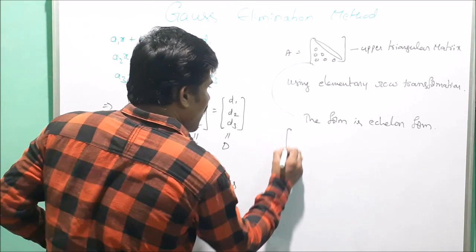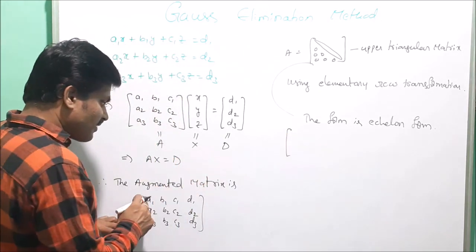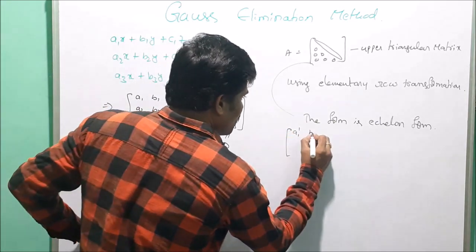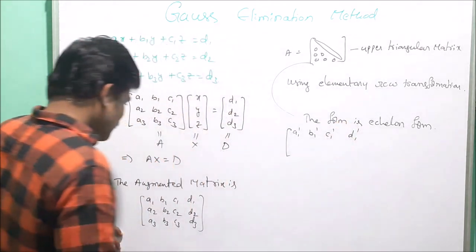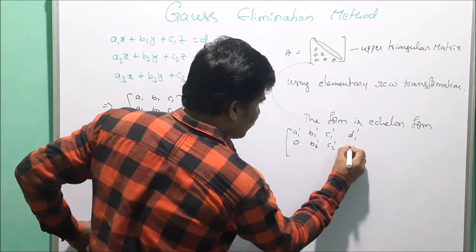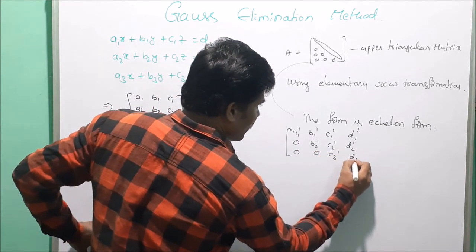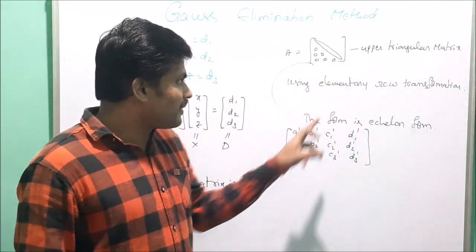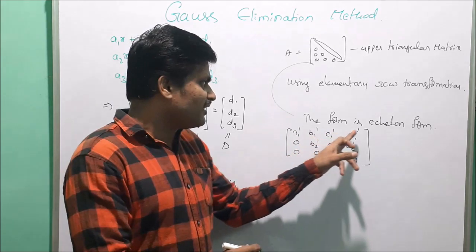Now the augmented matrix, using transformations, is reduced to a1 dash, b1 dash, c1 dash, and d1 dash.